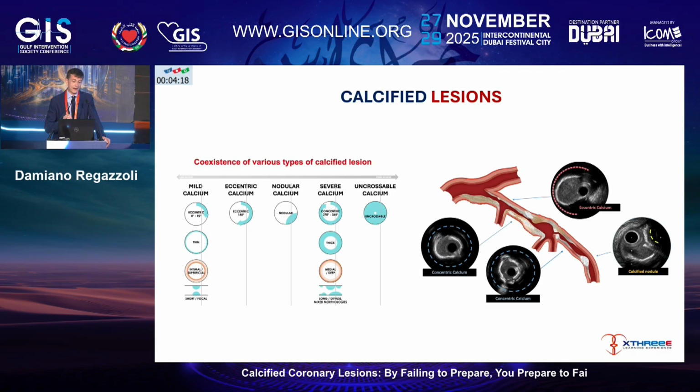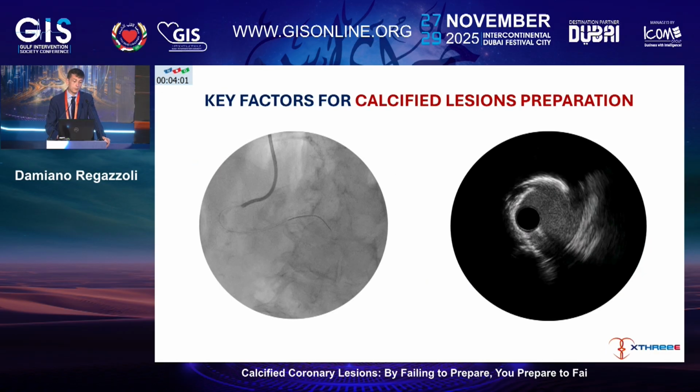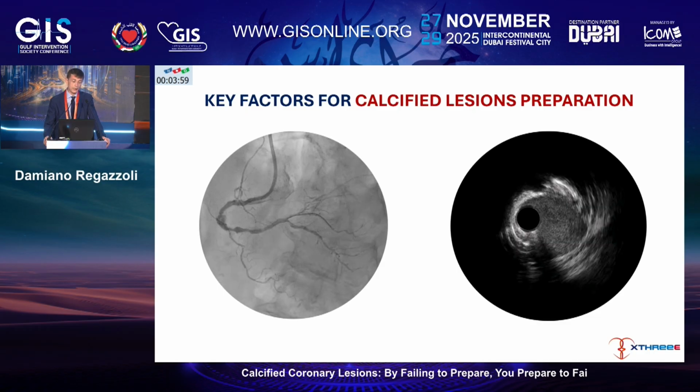So we will have an artery with eccentric, concentric calcification, thick, thin calcification, deep or superficial calcification, or even nodules that are a little bit of a nightmare. And after identifying these patterns, we will be ready to choose the correct tool.